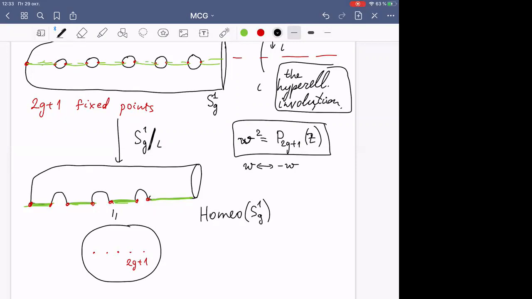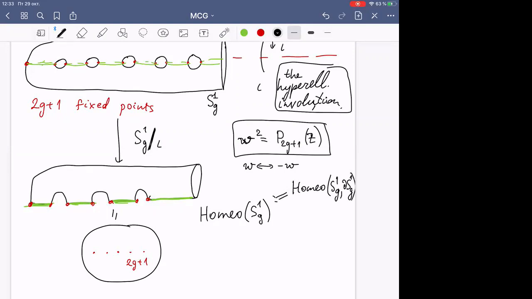So if we consider homeomorphisms of the surface, I remind that I mean that these are homeomorphisms preserving the boundary.